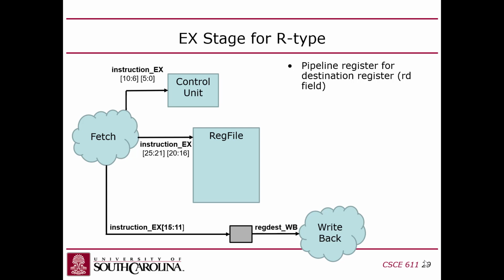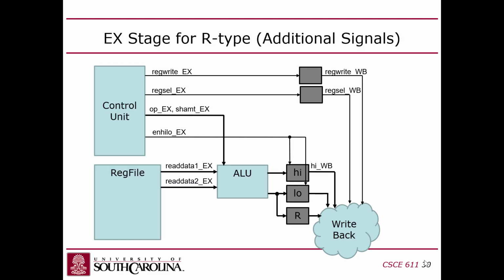So you defer the writing of the register until the next cycle. Now, I probably should have shown the register file as part of the write back stage, so I could have just drawn this arrow back up to the register file, but I wanted to show that this signal was being pushed into the write back stage. Does that make sense? Okay.